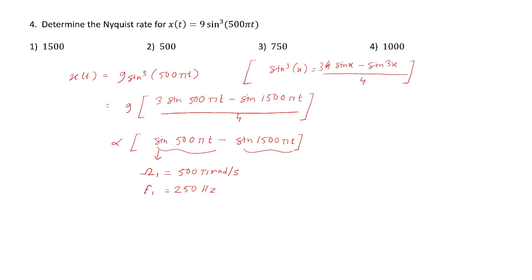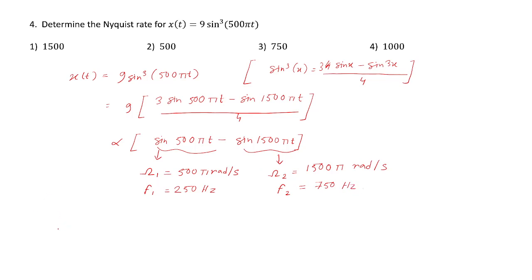Similarly, for this frequency component, the analog frequency is 1500 pi radian per second, and the corresponding f2 is given as 750 hertz.